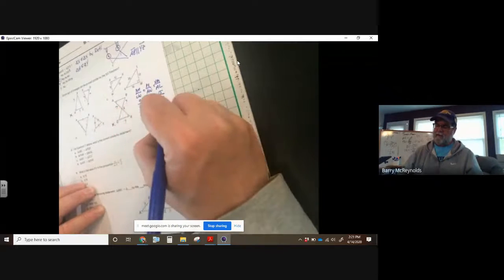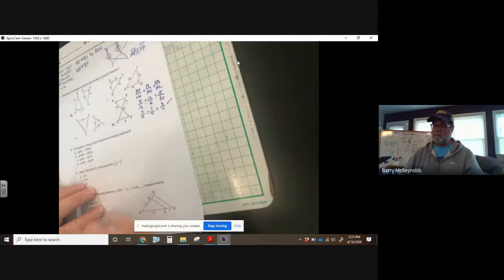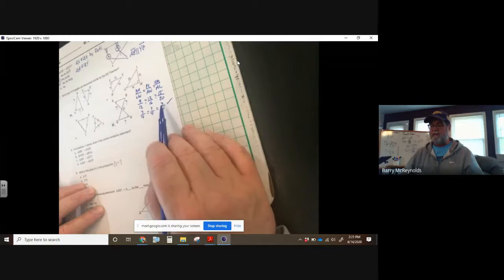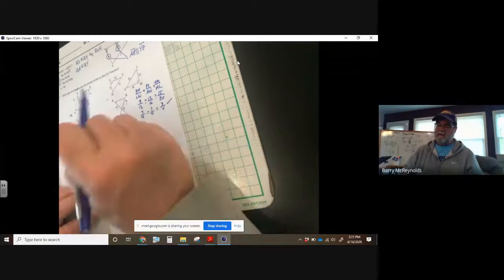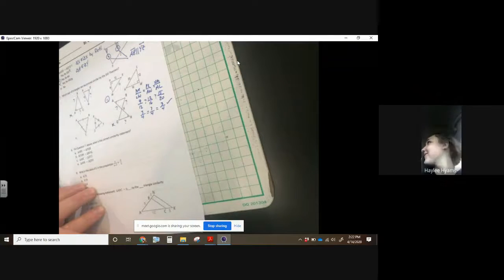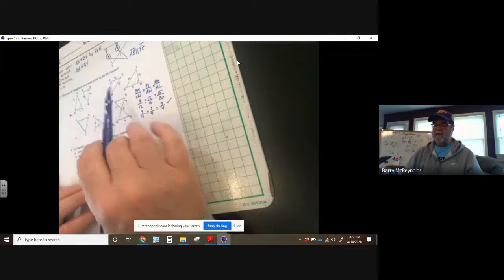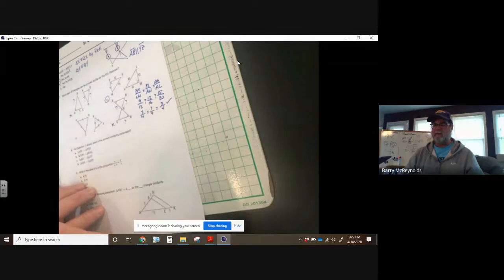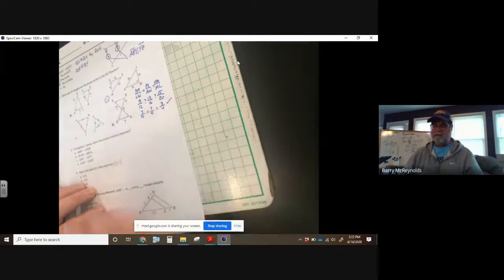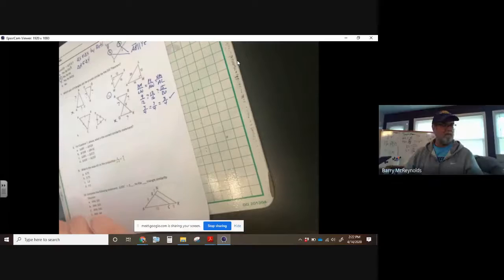So those proportions are all equal to the same value, which is called the scale factor. So I can say confidently that those two triangles are similar by side-side-side. The ratios of the three pairs of corresponding sides are equal.